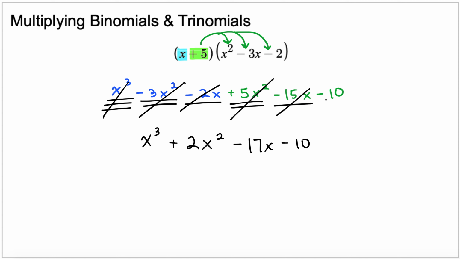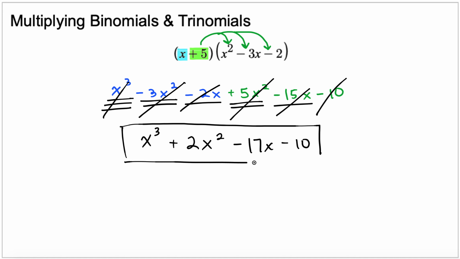I don't want that to look like an underline. So you can see I have crossed out and used every term. And I have combined all of my like terms to get this really long answer. And it is okay if my answer is really long, as long as each variable is different, and it is.